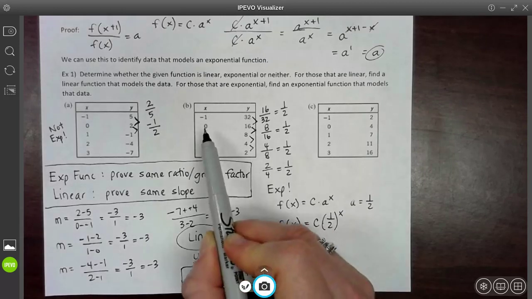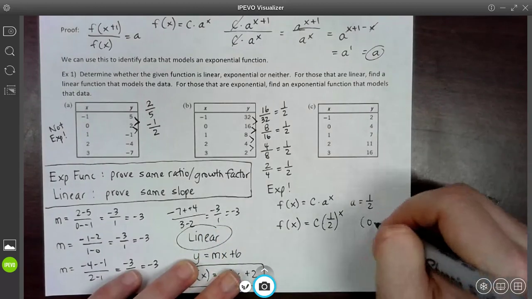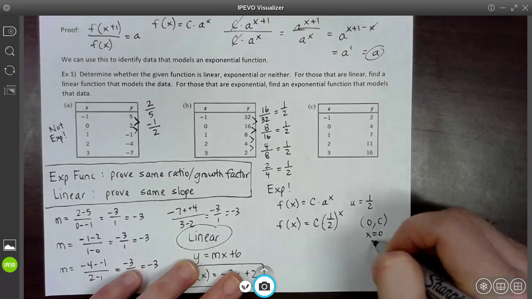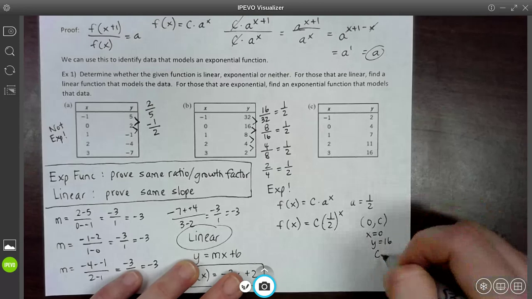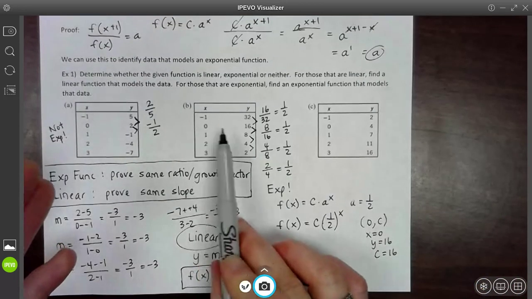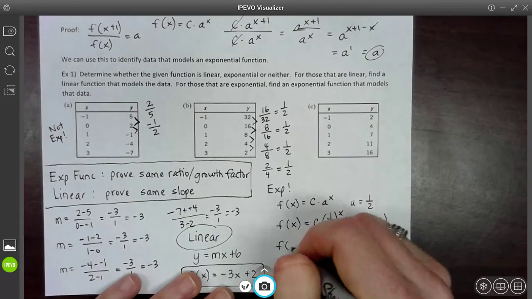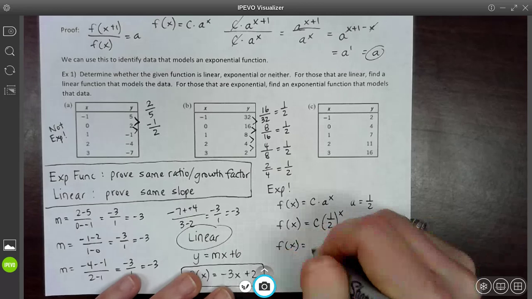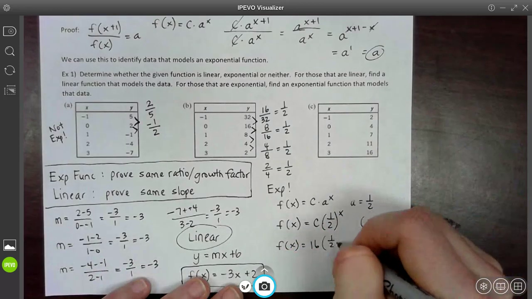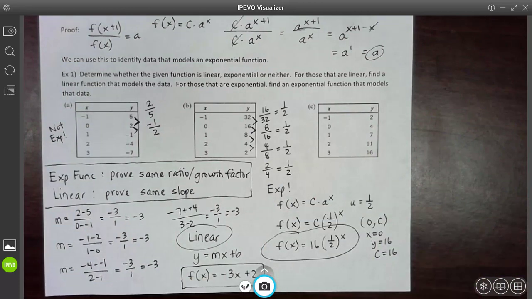So when x was 0, y was 16. That means c is 16. If they're going to gift you x equals 0 in your data, then you automatically know your c. So now we can say f of x equals 16, the initial amount they started with, times 1/2 to the power of x. And there is your exponential function.